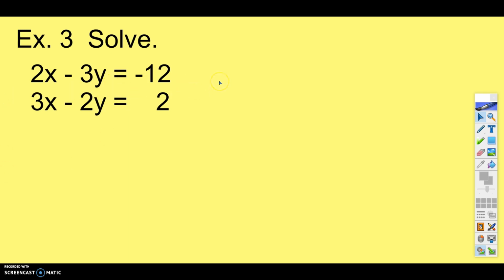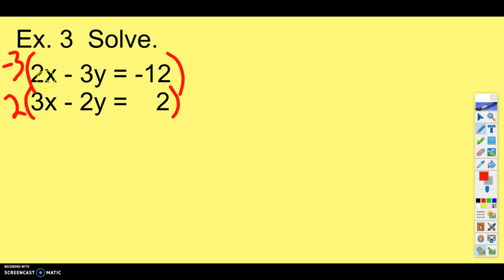So what I want to do is actually multiply the top by something, and the bottom by something. I've got to be really creative with this. So let's look at what I can do to get rid of my particular x term. I think if I multiply the top by negative 3 and the bottom by 2, good things will happen. What am I really trying to do?